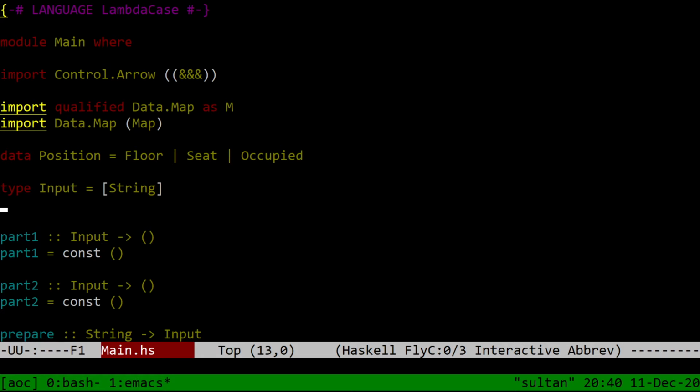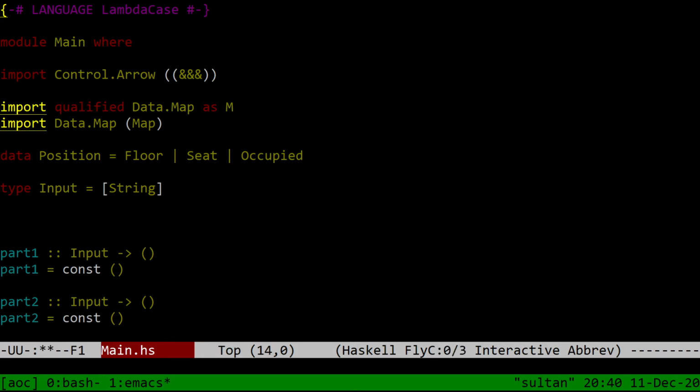And I wonder, what might part 2 be? It might be changing the transition function, right? For how to determine whether a thing is occupied or not in the next generation.